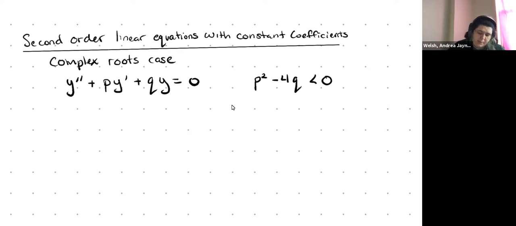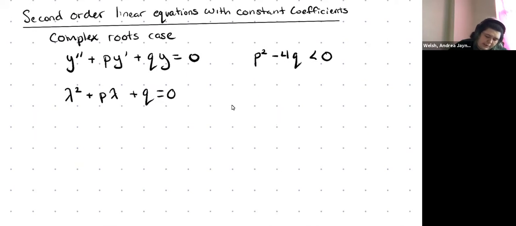So that is from our characteristic polynomial. We had shown that our characteristic polynomial for these second order linear differential equations looks like λ² + pλ + q = 0.